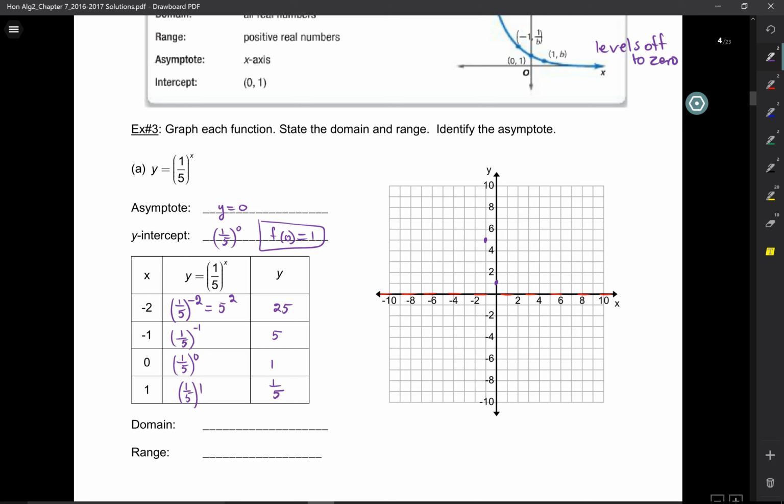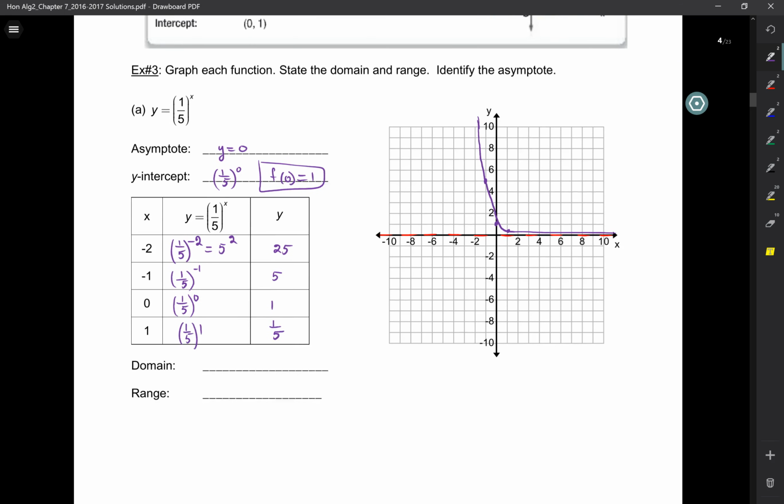And 1 is 1/5. Now, I know that at -2 it's going to be at 25. So when I bring this over, I take that into account and I don't hit that -2. There we go. Okay, this is really steep.